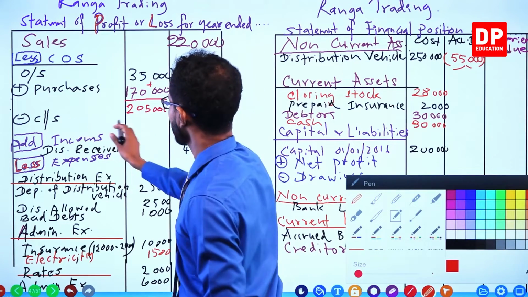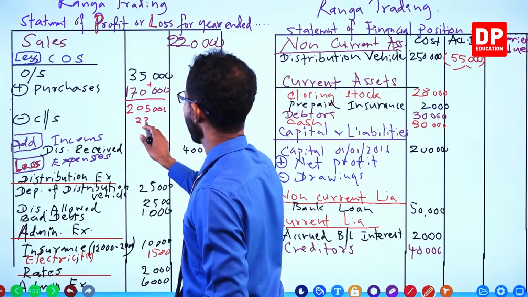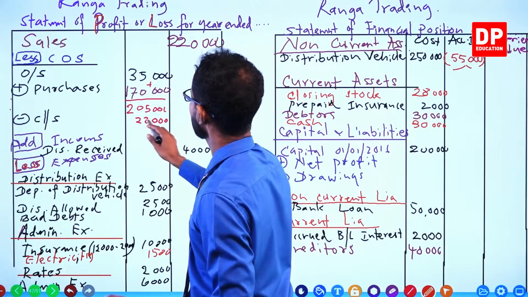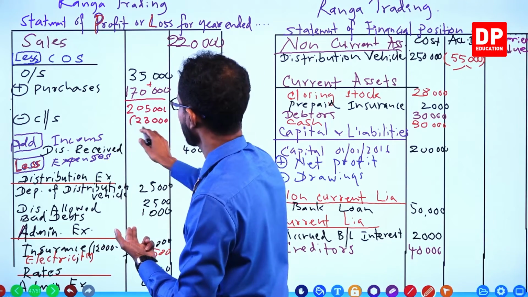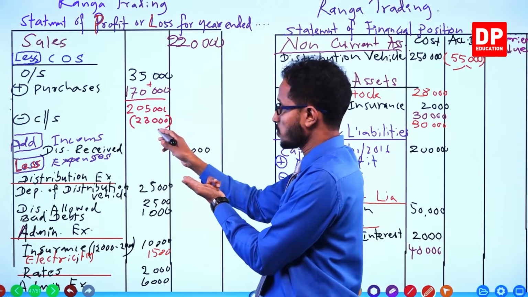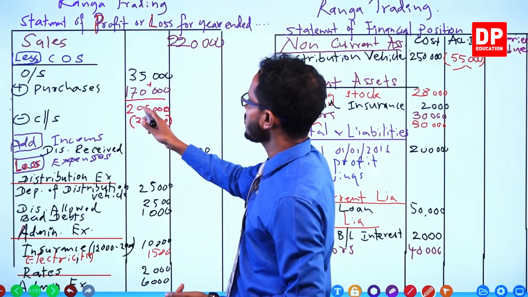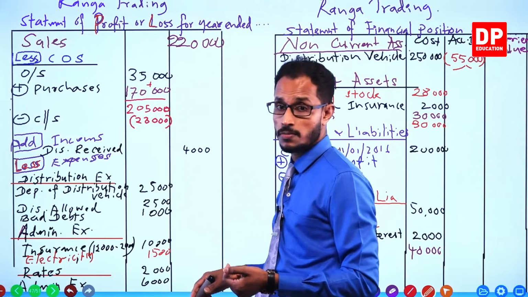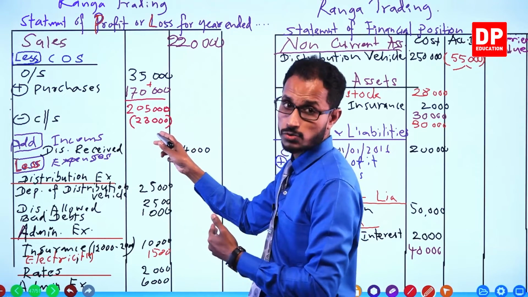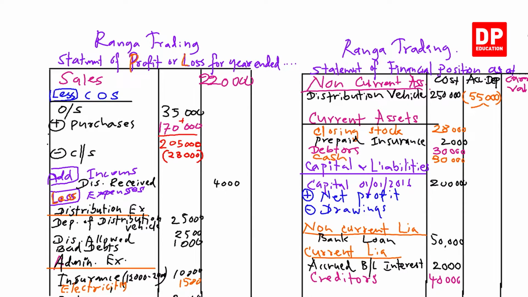Closing stock should be here. I just erased what was in this column and put it in this column. Now 205,000 minus 28,000. Do the calculation and put the answer here.